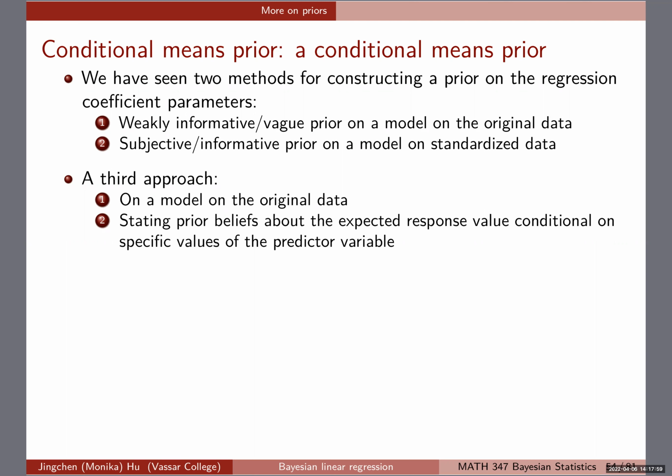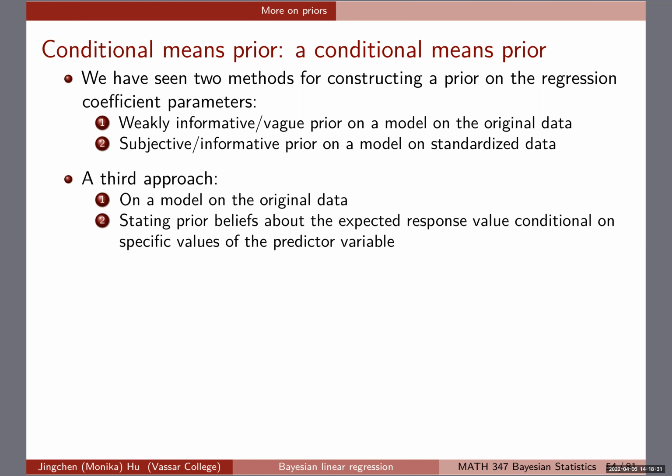What we're saying in item 2 over here is that for any particular x value that I know, for example, if x equals 10, I strongly believe that the expected value for y is going to be 5, something like that. If you have prior belief in this kind of format, we call it conditional means, because it's conditioning on the x value that you want. And it's called conditional means because we're trying to express our belief about the expected outcome. So that's the mean itself.